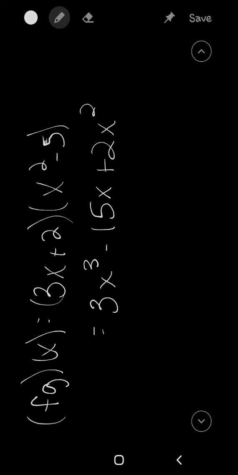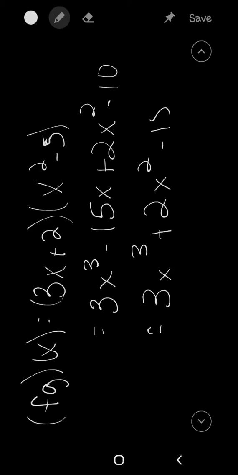And then this is just distribution. So 3x times x squared is 3x cubed, minus 15x, plus 2x squared, minus 10. And then we can put it in standard form: 3x cubed plus 2x squared minus 15x minus 10. And that's the answer.